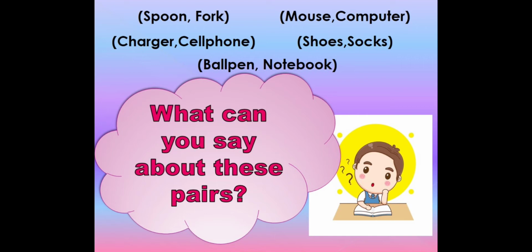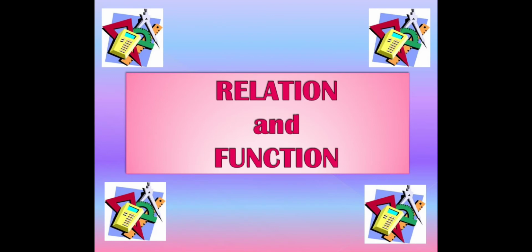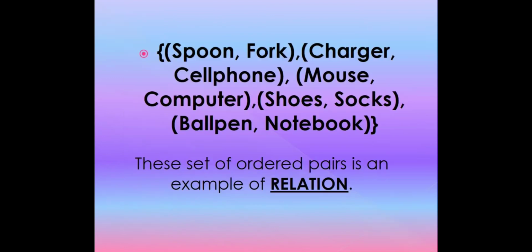The objects in each pair are all related to each other, which is also related to our topic of the day, which is relation and function. So what is relation? In activity 1, you have formed 5 ordered pairs, and this set of ordered pairs is an example of a relation.